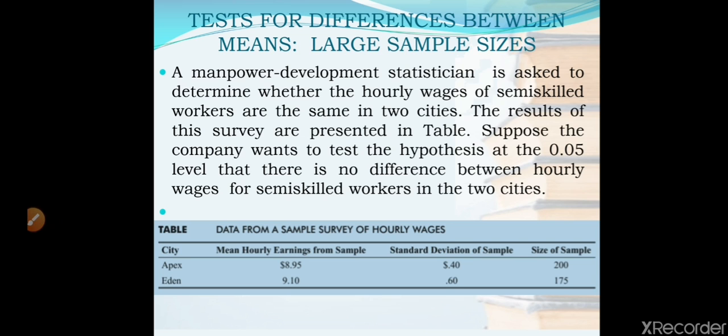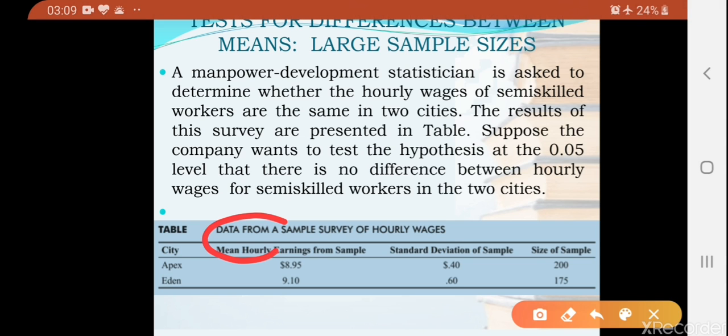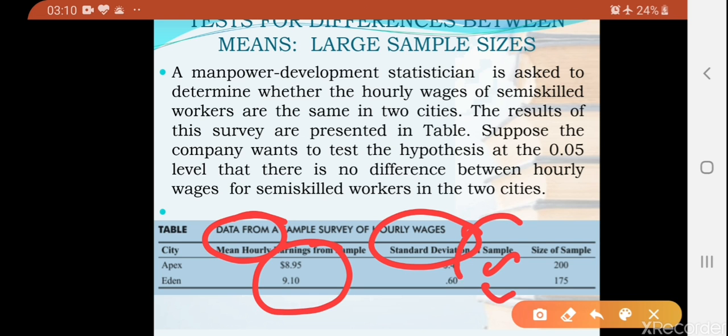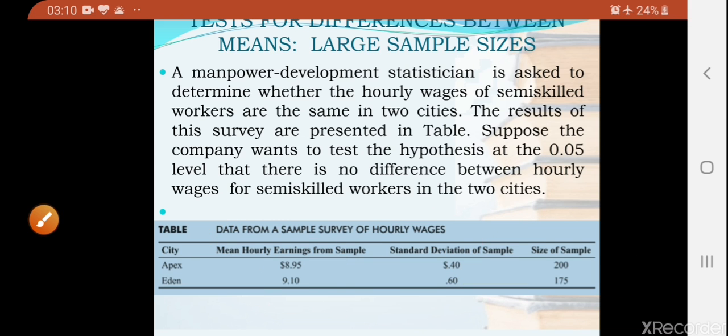The results of this survey are presented in the table, and suppose the company wants to test the hypothesis at the 0.05 level that there is no difference between hourly wages for semi-skilled workers in the two cities. For the two cities, the mean wages are given, the standard deviation of the sample is also given, and the size of the sample is also given to us. Now, since they ask whether there is no difference between hourly wages, it is a two-tailed test.